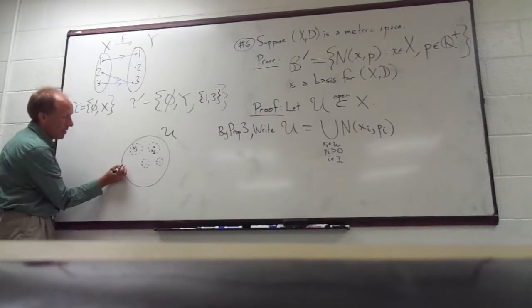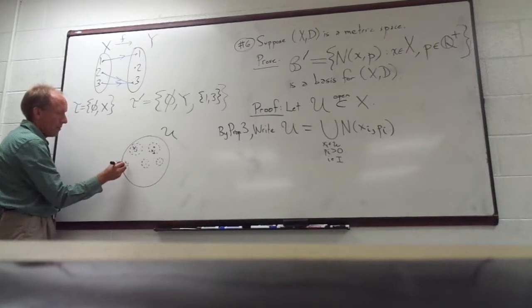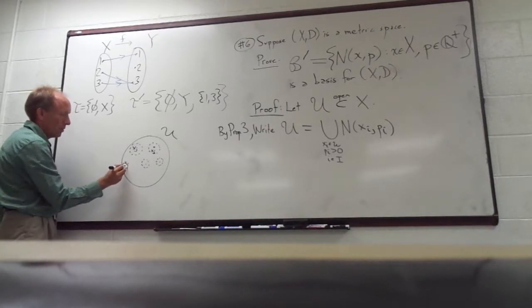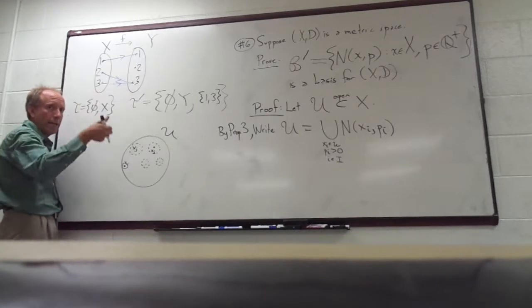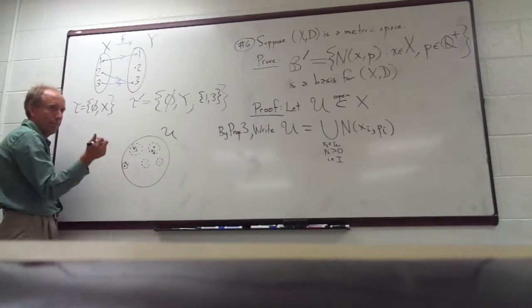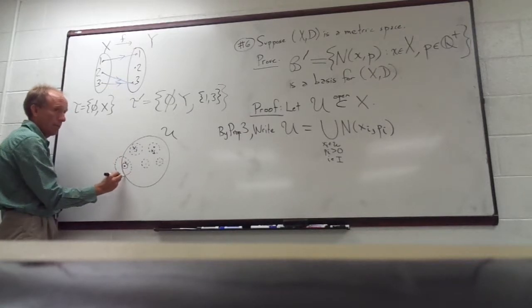So let me give you an idea here. Let's say we have this point, and we have a radius here, and suppose the radius is the square root of 2. Could I just make the radius bigger? Just jack it up to 3. Then it's going to look like this. Is that okay?